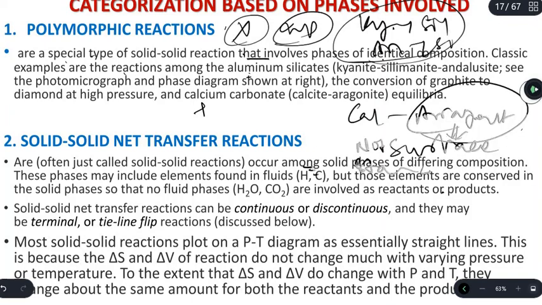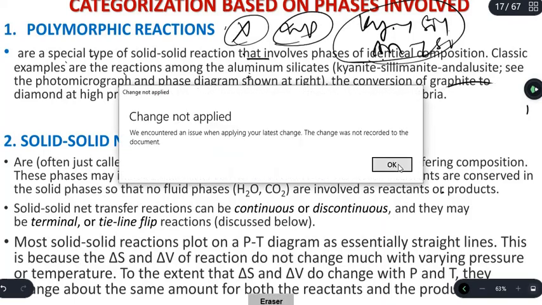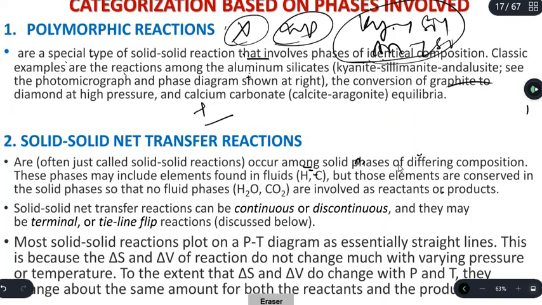ठीक है, अभी आओ, solid net transfer reaction. Solid net transfer reaction क्या हुआ बताओ, क्या मीनिंग है इसका? Exactly same. Exactly, that is also solid-solid net transfer है ना, because solid is transferring, there is no involvement of the liquid. क्यों दिया हुआ है solid-solid?